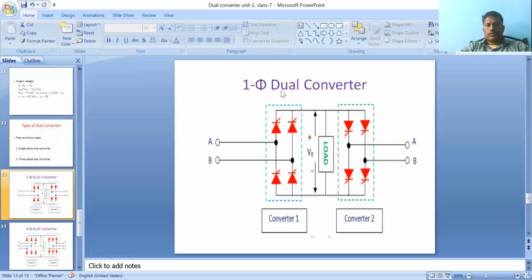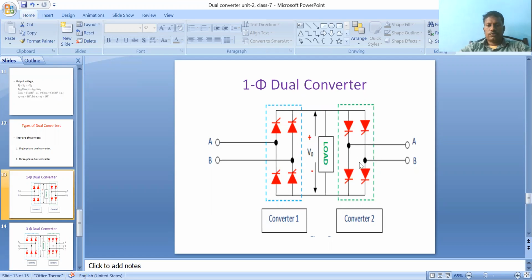Let us take the diagram of the single phase dual converter. It has one full converter and another full converter, and these two converters are anti-parallel. See the configuration and connections. Two full converters connected anti-parallel are simply called a dual converter. Each full converter consists of four thyristors.